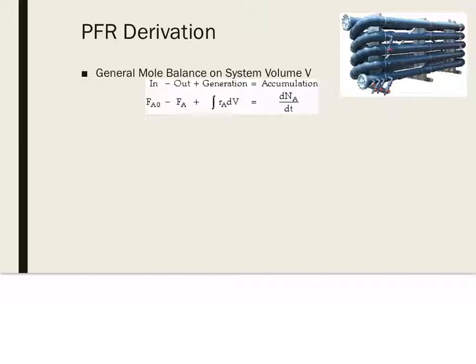So we don't have any stirring devices where mixing is expected to occur, but depending on how the reactants and the products are flowing from one end to the other end of the reactor. So we have in minus out plus generation equals accumulation. We have FA naught minus FA plus the integral of RA dV equals dNA over dt.